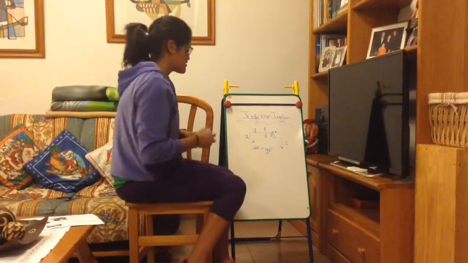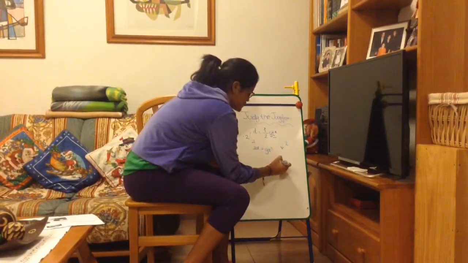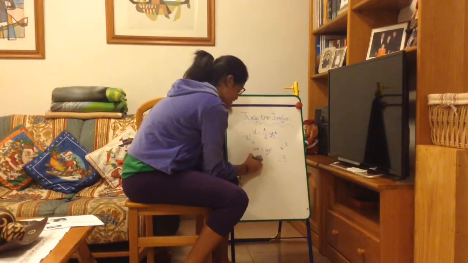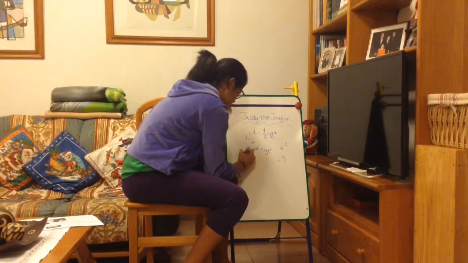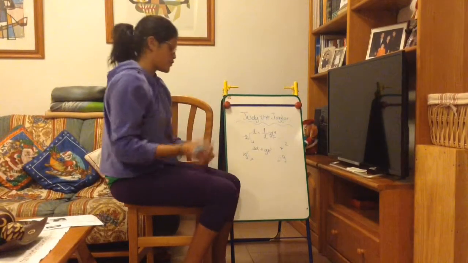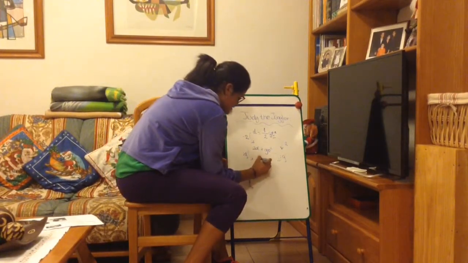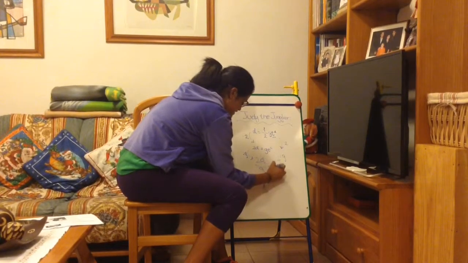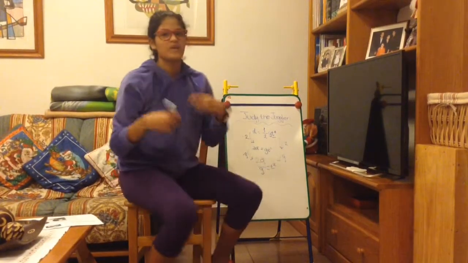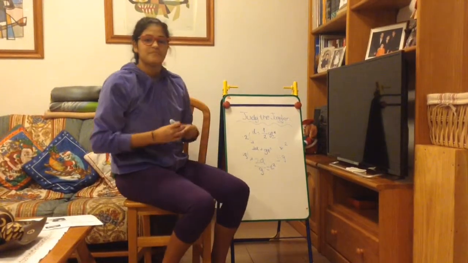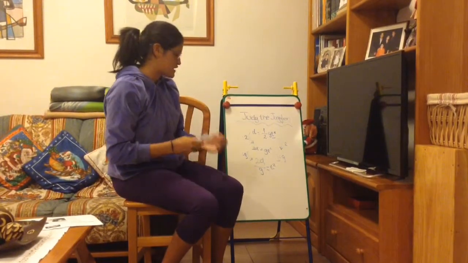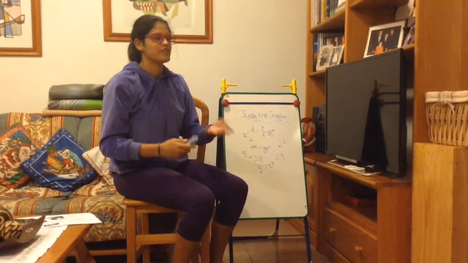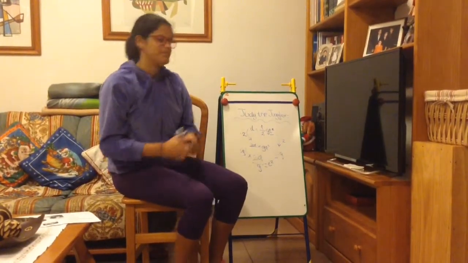to isolate T. So we have to divide both sides by G. So we have this, but we haven't finished. We need to take the square root to isolate T squared.